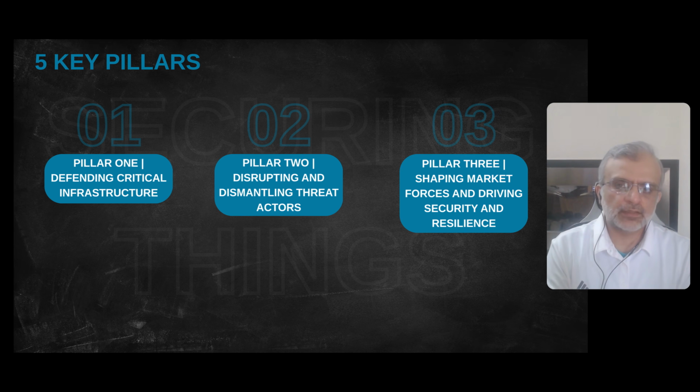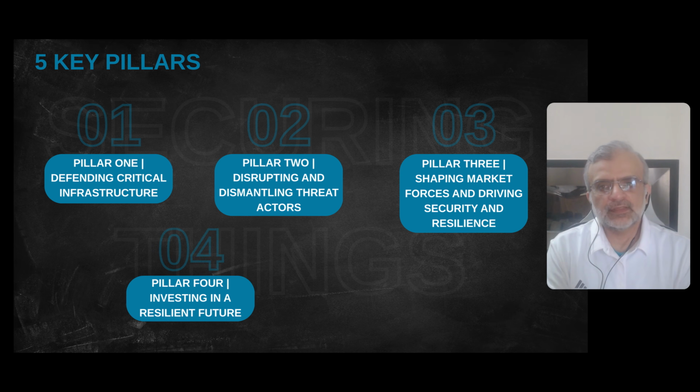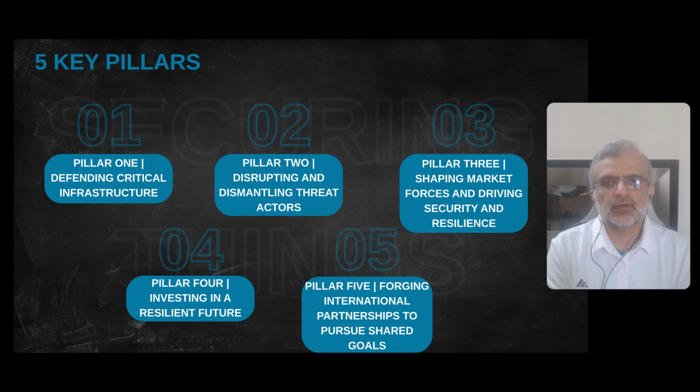Pillar 3, shaping market forces and driving security and resilience, for example software bill of materials. Pillar 4, investing in a resilient future, that is to drive key cybersecurity standards. And lastly, Pillar 5, forging international partnerships to pursue shared goals, the international cyberspace and digital policy strategy.